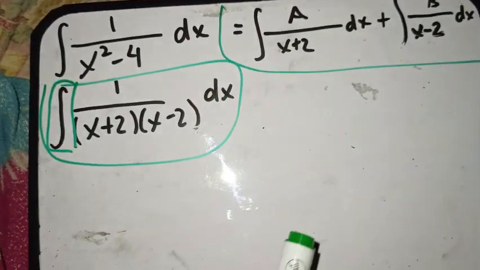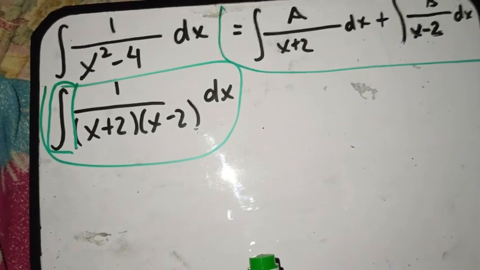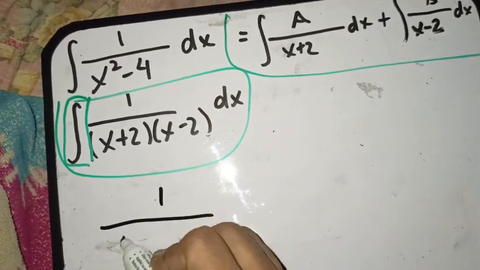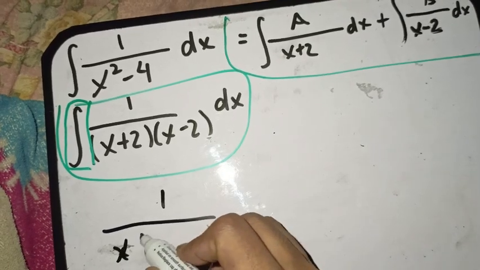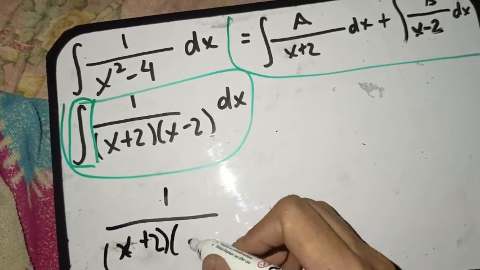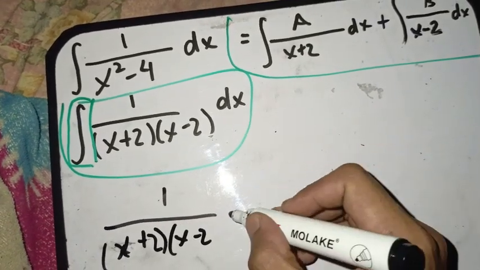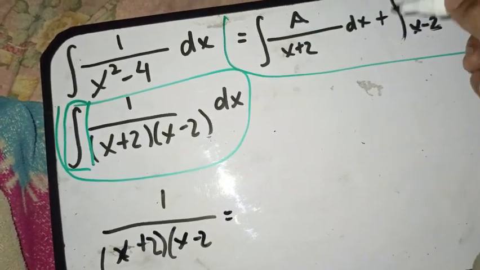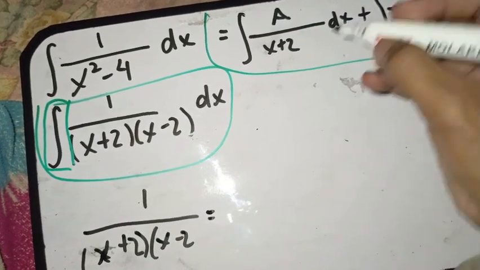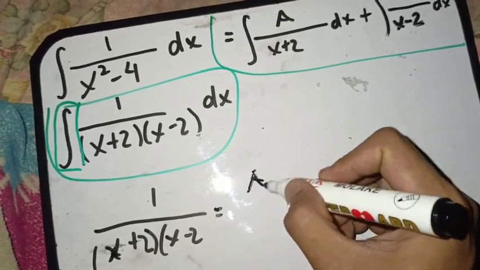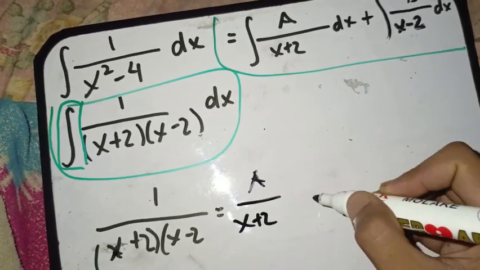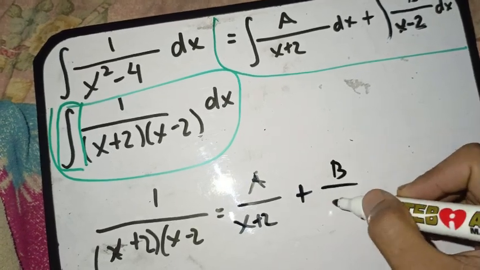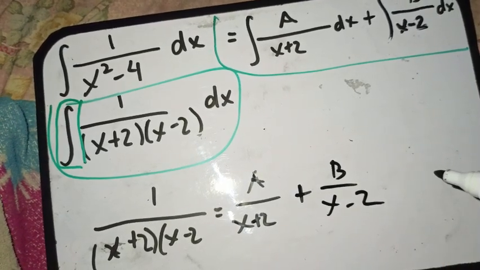So let's rewrite it: 1 over x plus 2 multiplied by x minus 2 is equal to a over x plus 2 plus b over x minus 2.